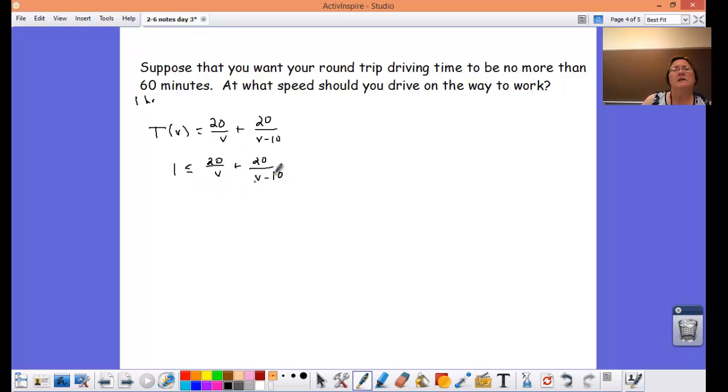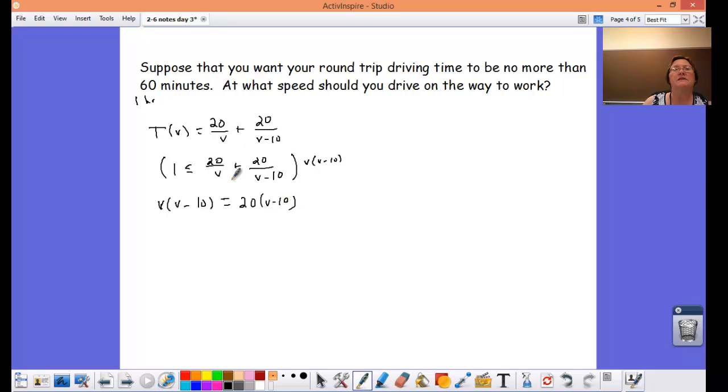So if we multiply everywhere by the common denominator, which is v times v minus 10, on this side, 1 times that is just that, so v times v minus 10. On this side, I multiply by v times v minus 10 here. The v's cancel out, and I get 20 times v minus 10.